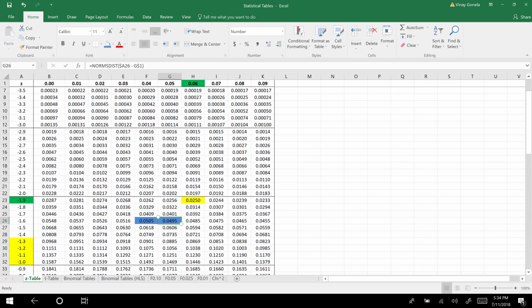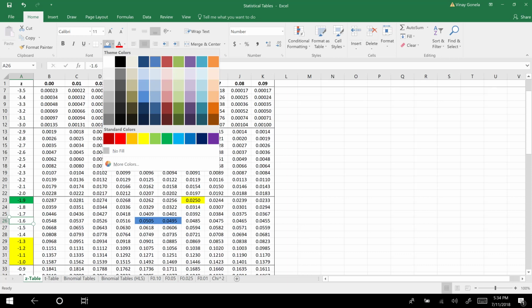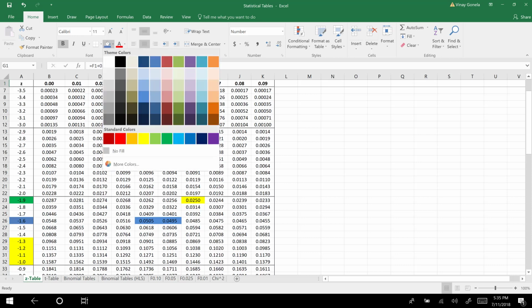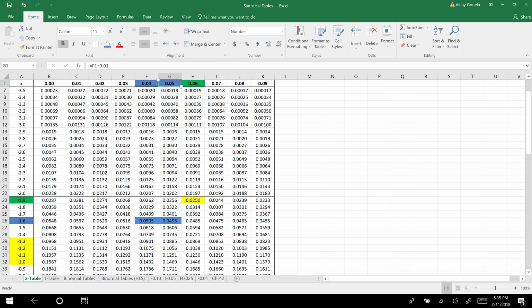So the z value would be negative 1 point, negative 1.64 or 65. I can take one of those.